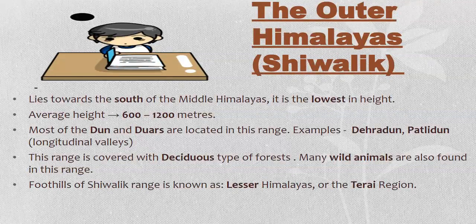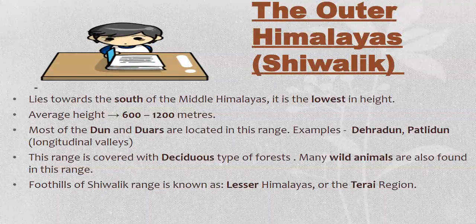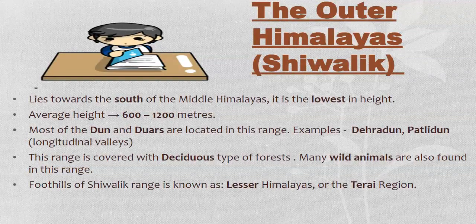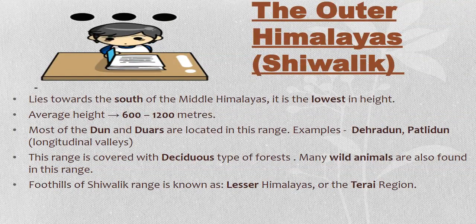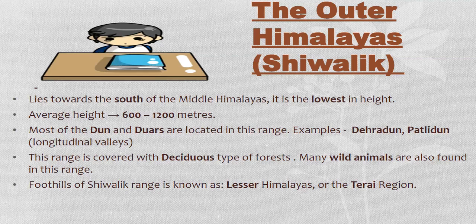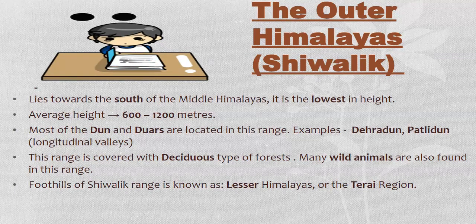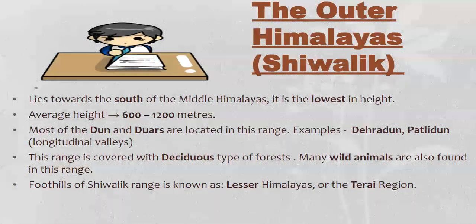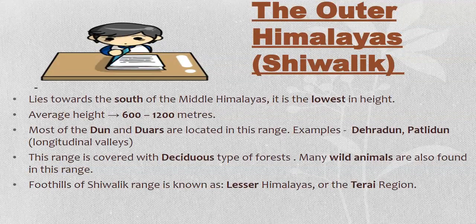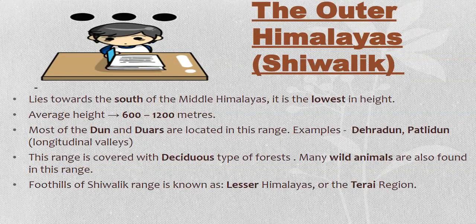The Outer Himalayas lies towards the south of the Middle Himalayas. It is the lowest in height. The average height is 600 to 1200 meters. Most of the dun and duars are located in this range.